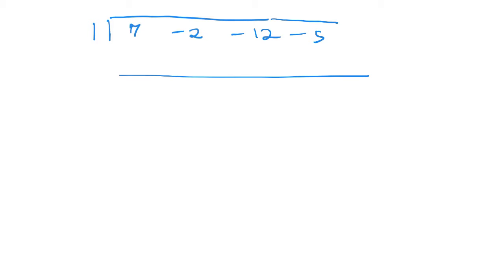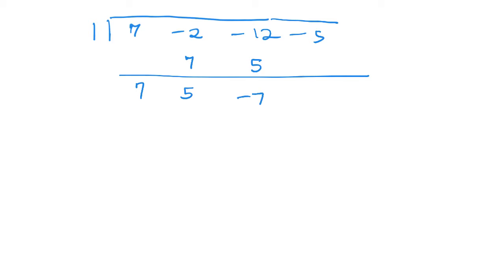So I'm going to use 1, and then I'm going to grab the coefficients. So 7, -2. I'll bring down that 7. 1 times 7 is 7. When I add, I get 5. 1 times 5 is 5.